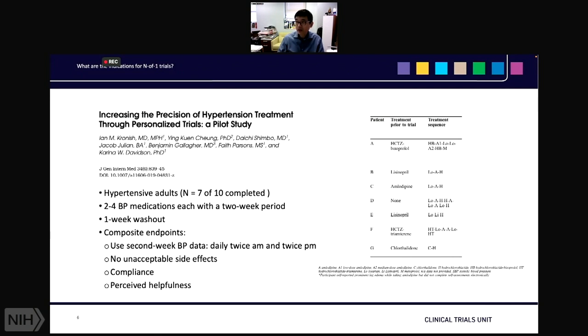In this study, Cheung et al., each individual will be tested with different drugs. And actually, they may be tested with a different number of drugs for blood pressure control.